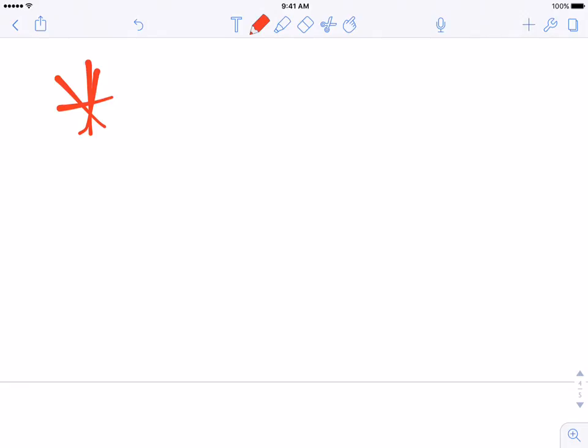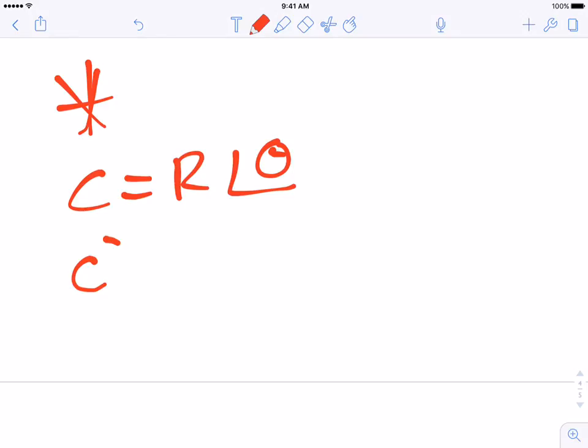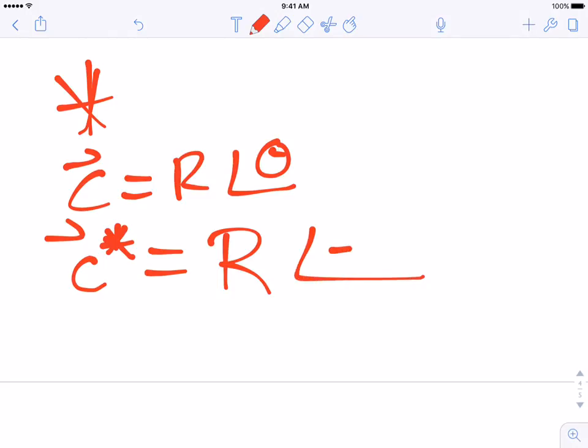So let's say that C is equal to R angle theta, right? And you want C complex conjugate. Well, what you would do is R angle minus theta, right? So you would just basically flip the angle. Whatever the angle is, you would take its negative.